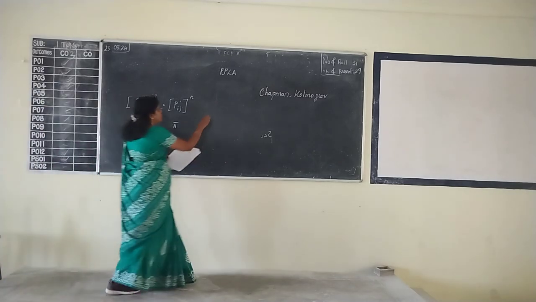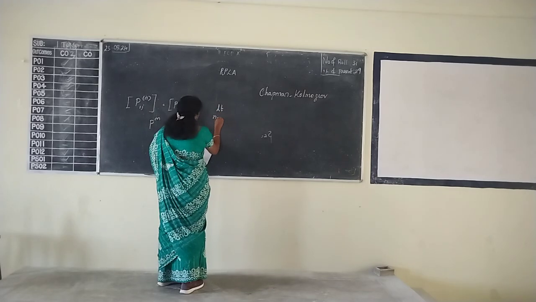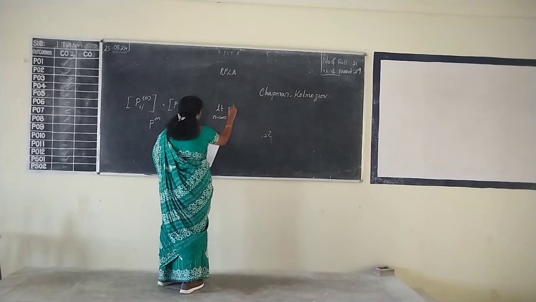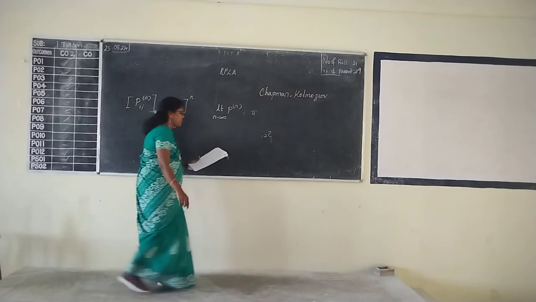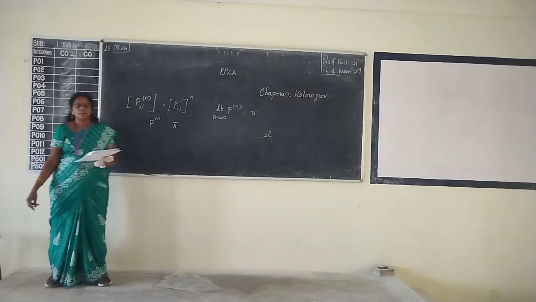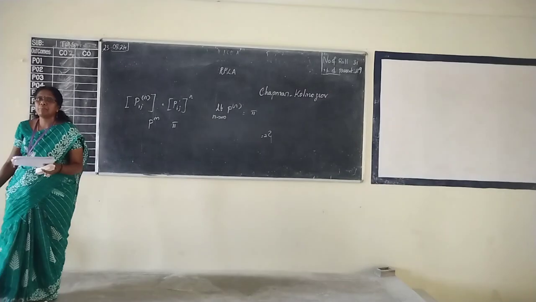That is, limit n tending to infinity of P power n should be equal to pi.